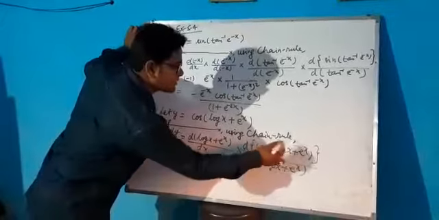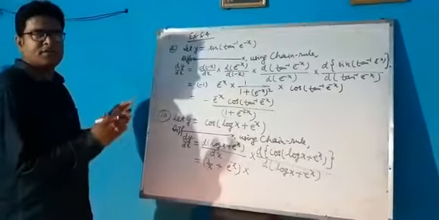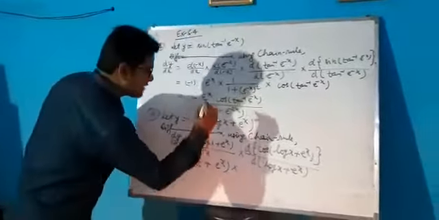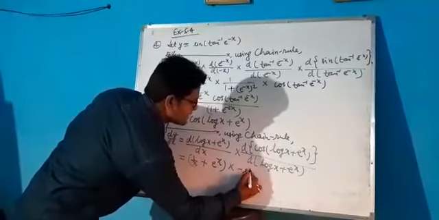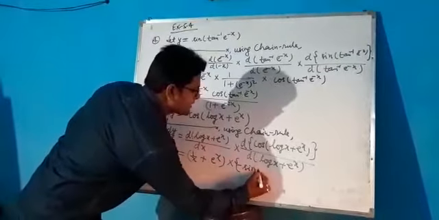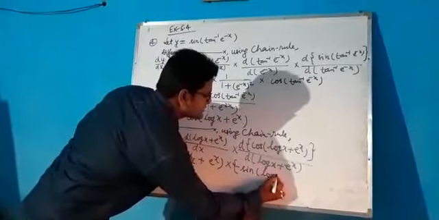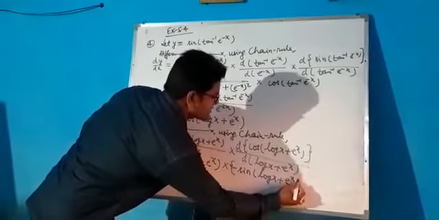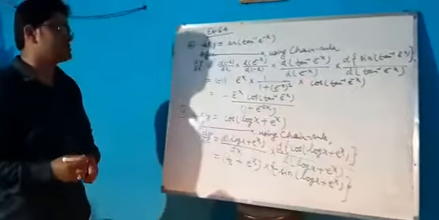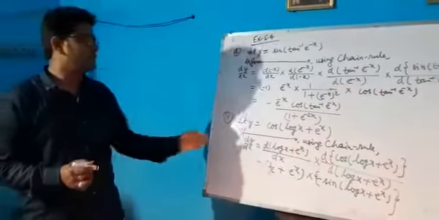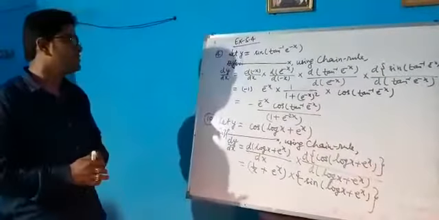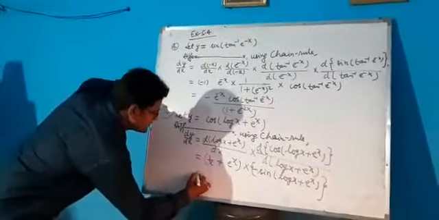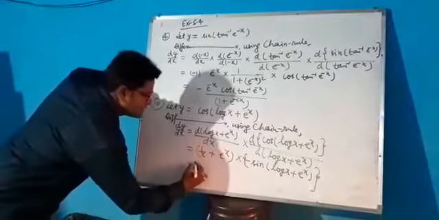Next, cos of something is given, so derivative is minus sine. So minus sine, you can use curly bracket, log x plus e to the power x. You can leave your answer here also, or you can solve further if you wish. So let us solve further. So it is minus sine, we can take it out.